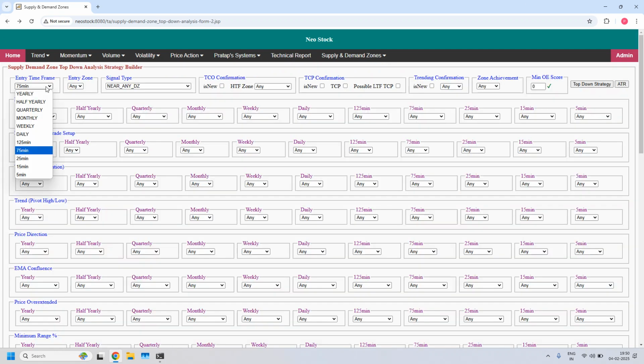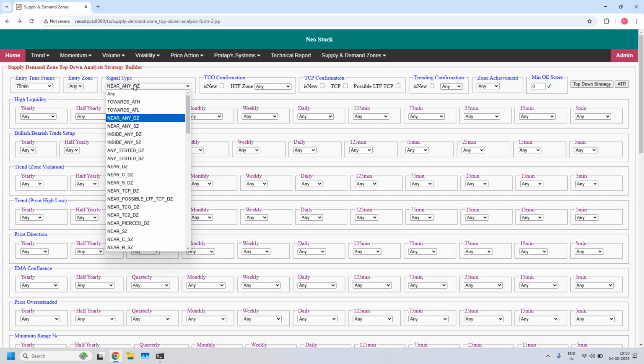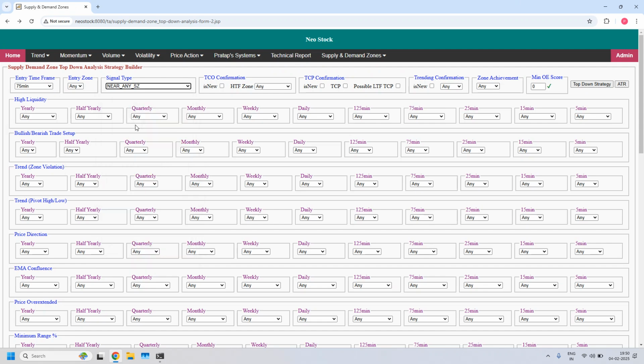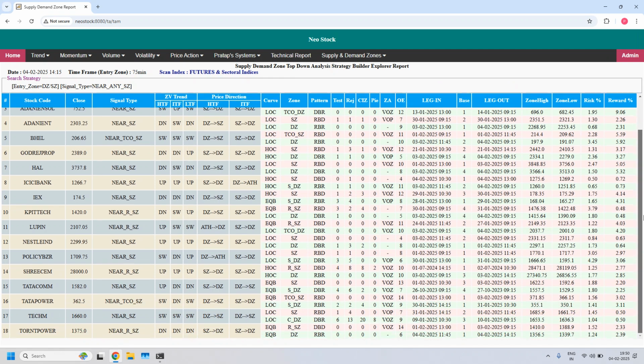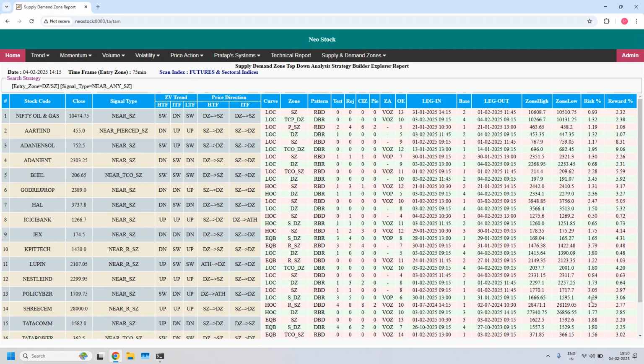Next, 75 minutes time frame. Let us find the stocks near 75 minutes supply zone. We got 18 stocks. First 15 stocks in the list. Let me scroll the list down.